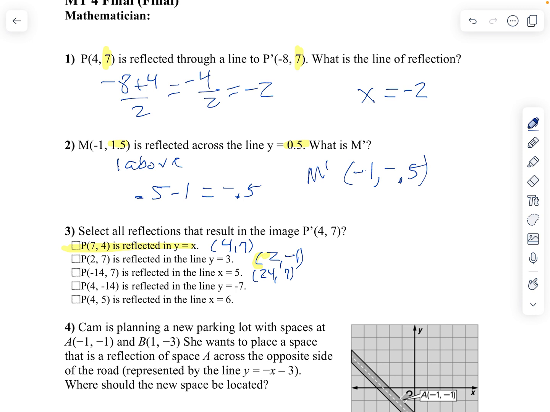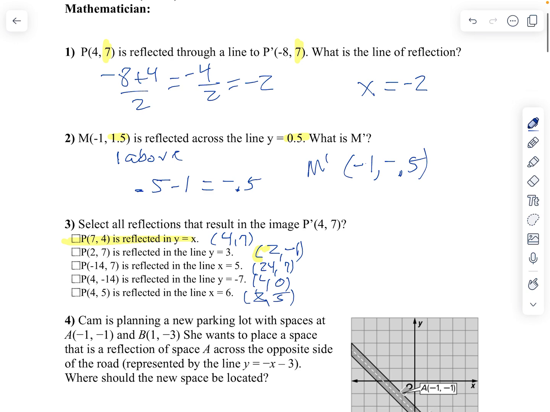So I go 7 above -7, I'll be at 4 and 0, and not that one. And then from 4 to 6, I'm 2 to the left, so I go 2 to the right of 6, I'd be at 8 and 5. So the only one, although it says select all reflections, the only one that worked was the first one.